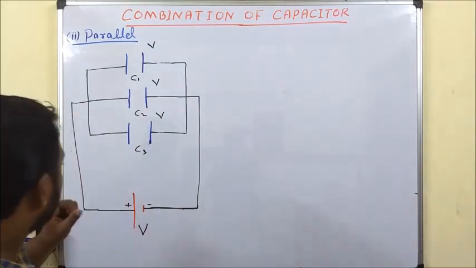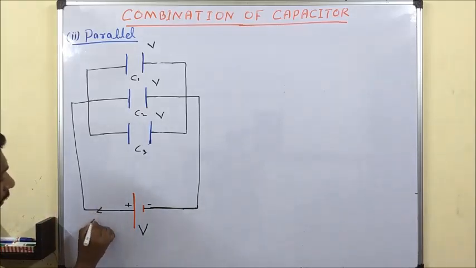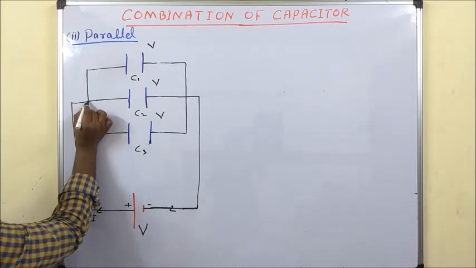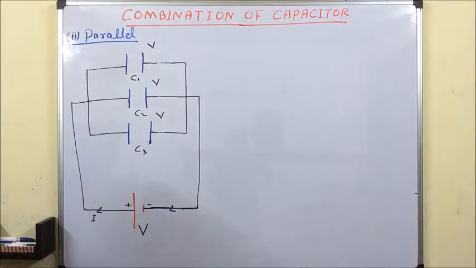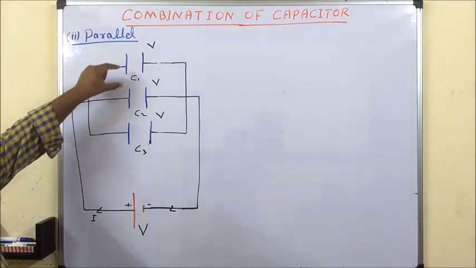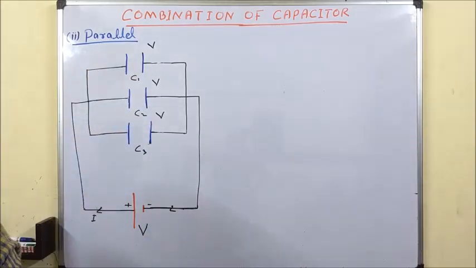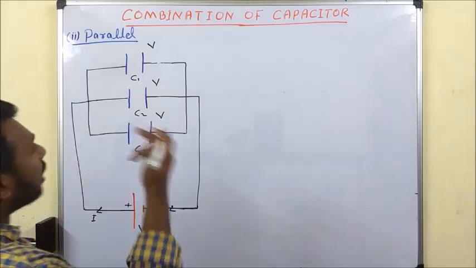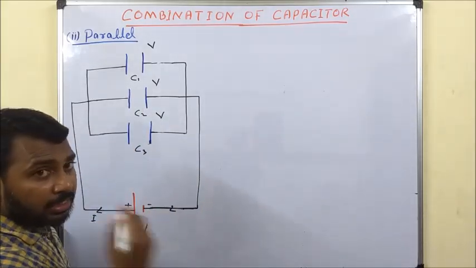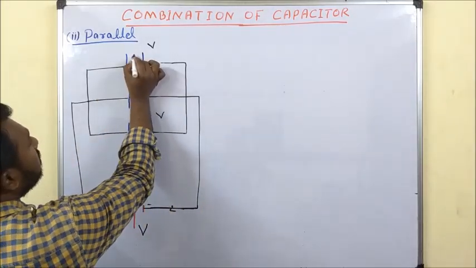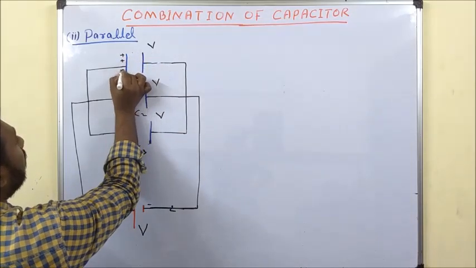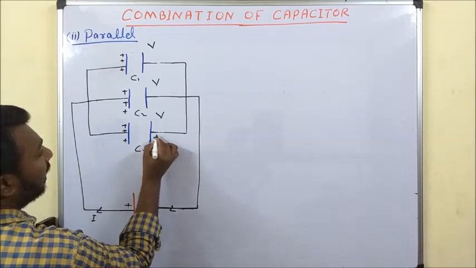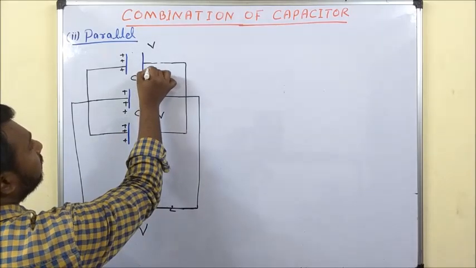Okay, but when the current goes from the positive terminal to the negative terminal, it will split at this junction. That means the current will divide according to the capacitance. Clear? So in this case, when they are connected in parallel, the charge stored will be different. All this side will be positively charged, this side will be negatively charged.